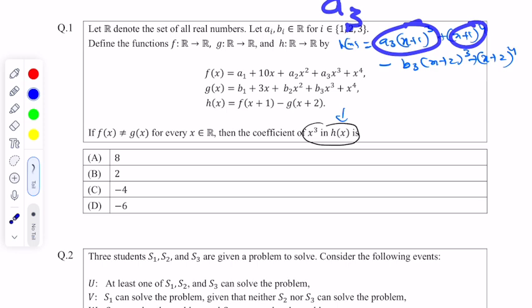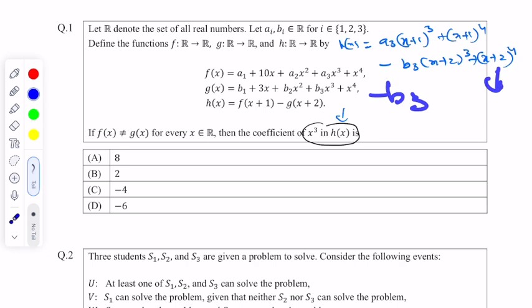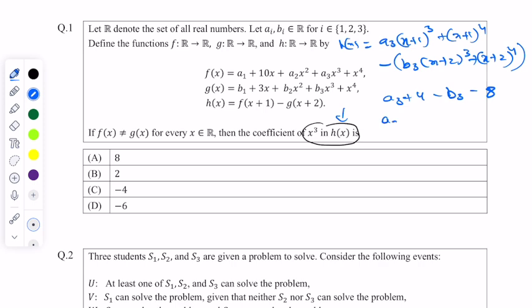From here it will be 4x cube, so 4 will be the coefficient. Here it will be minus b3, and over here we get 4 into 2, that's 8. So the coefficient will be a3 plus 4 minus b3 minus 8, like it's minus of the whole thing. So we get a3 minus b3 minus 4.